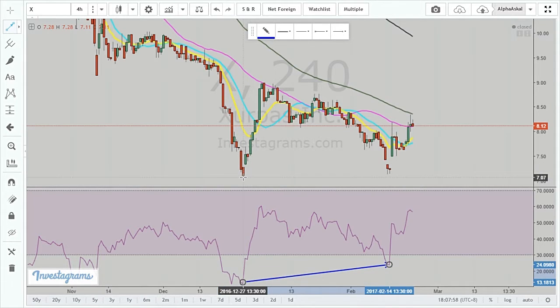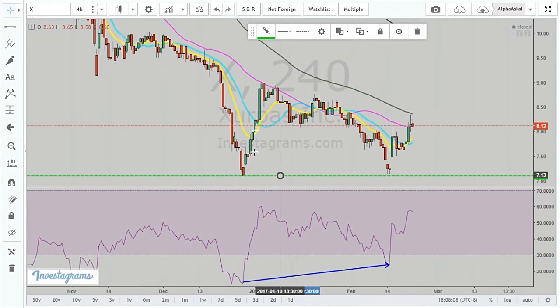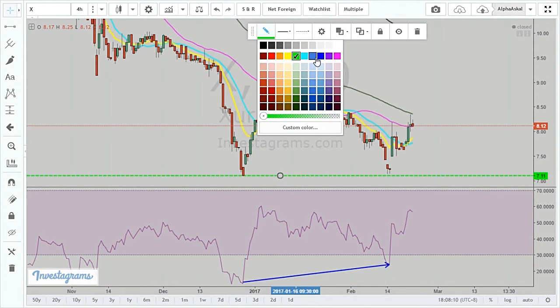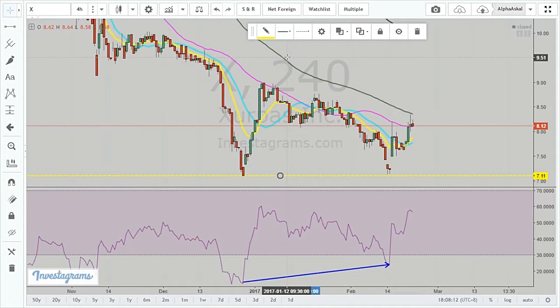That's good for this stock. You see the peak. Okay, this is the support area here.